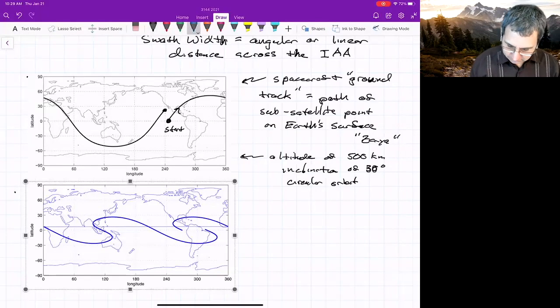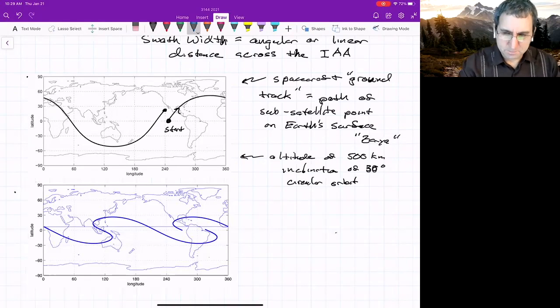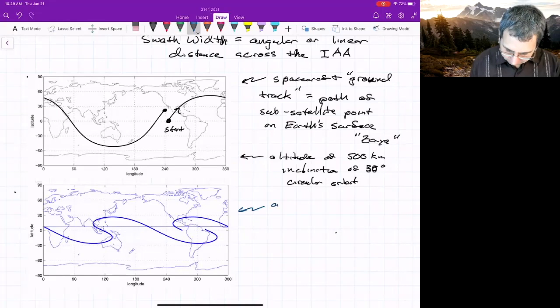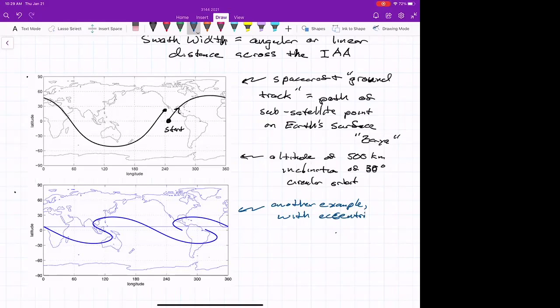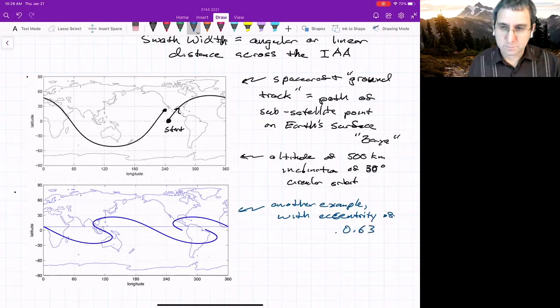This example has an eccentricity of, so it's not circular, not 0.3, it's an eccentricity of like 0.63.